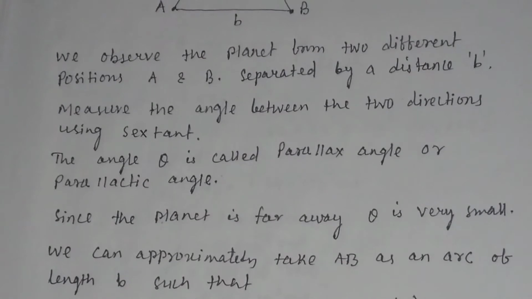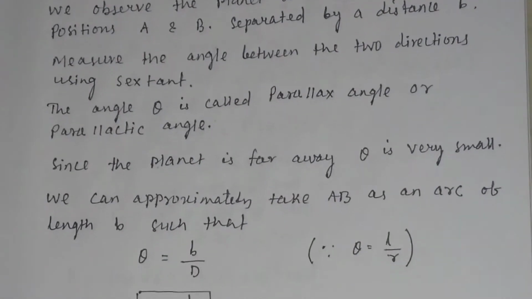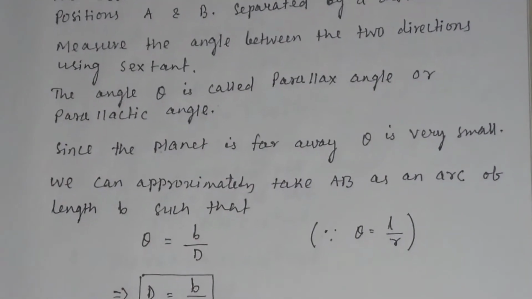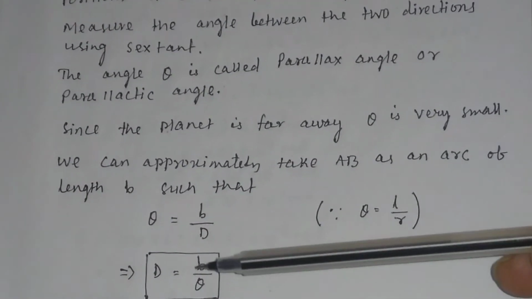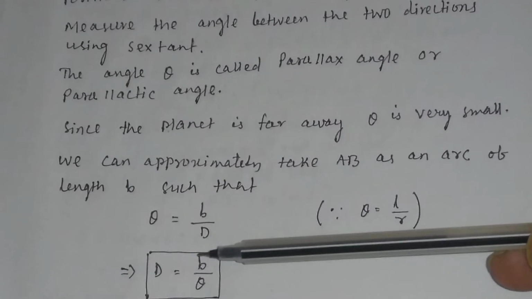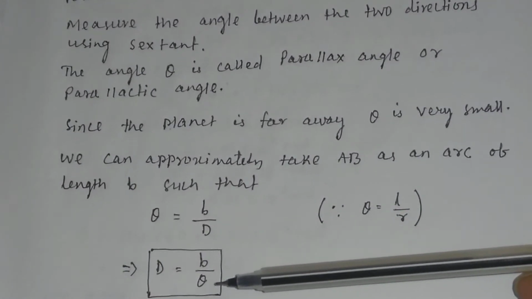So using this formula, theta equals b by d, or theta equals l by r, we can find out the large distance d, which will be equal to b divided by theta.